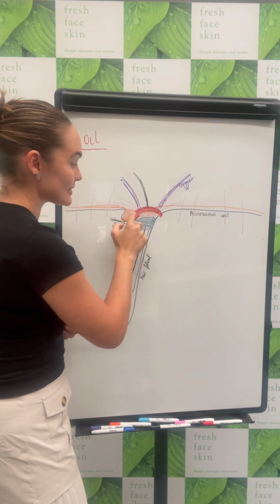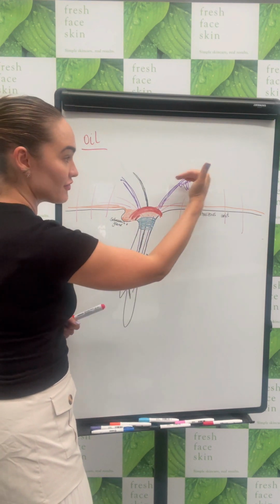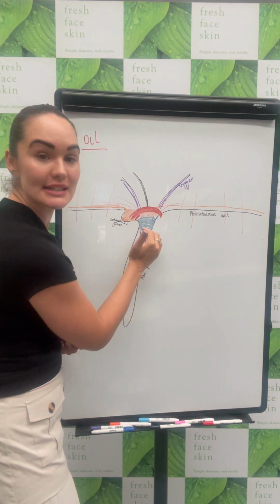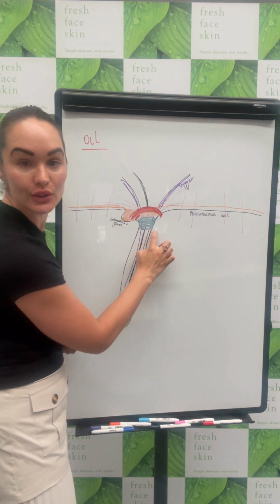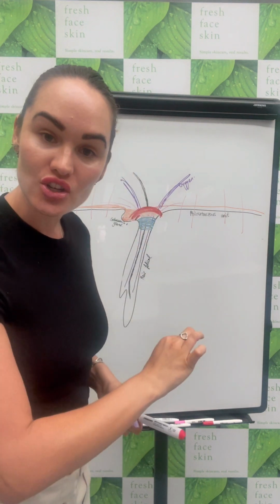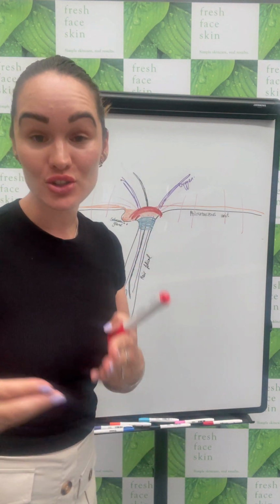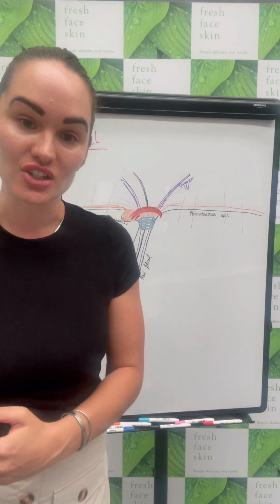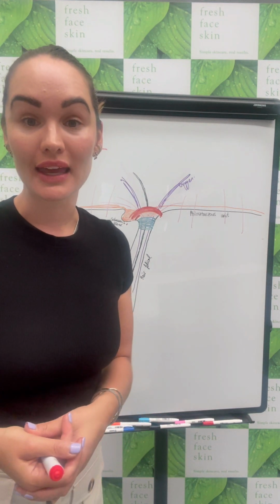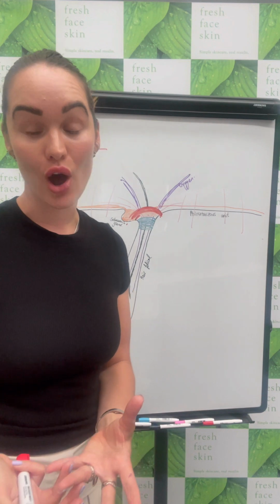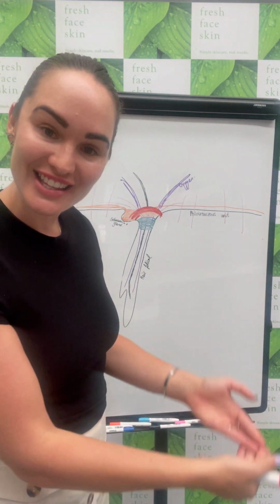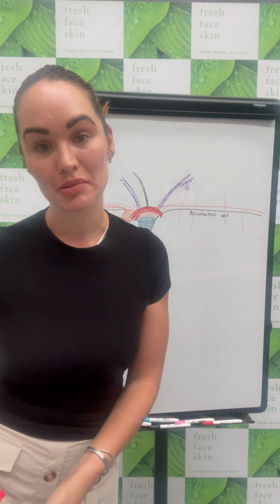So we're going to see a blockage that occurs that then prevents that oxygen from entering, and we're going to start to see bacteria forming in that hair follicle. So the key to prevention of breakouts, especially cystic hormonal breakouts, is to maintain healthy oil production. To do that, we need to be digesting adequate amounts of EFAs, so essential fatty acids, via our diet, but also via supplementation.